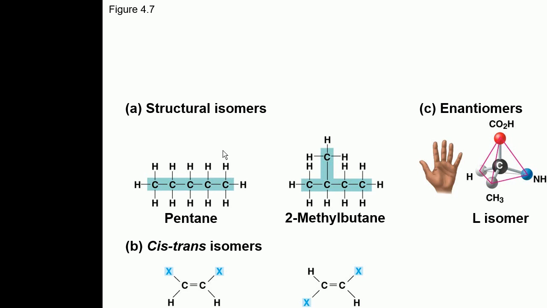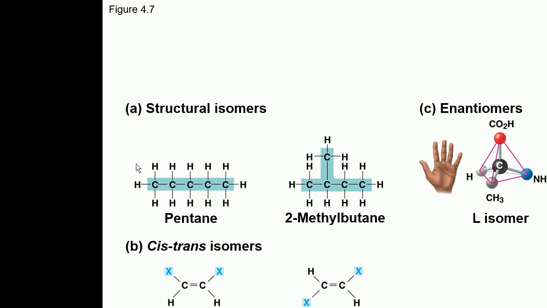Same thing here: 2-methyl butane also has 5 carbons and 12 hydrogens, but it has a branch. So their structure is different, and the covalent arrangement of the atoms is different in these two compounds, but they have the same molecular formula. So these are called structure isomers.